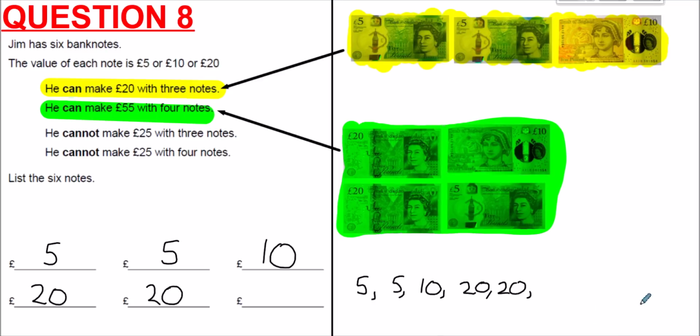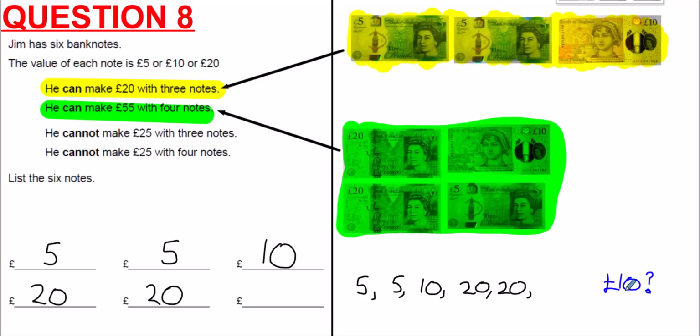Could the other note be a £10 note? Well, here it says he can't make £25 with 3 notes. If there was a second tenner, then he could make £25 with 3 notes, because he could pick the £10 we've already got with this extra £10 and one of the 5ers.